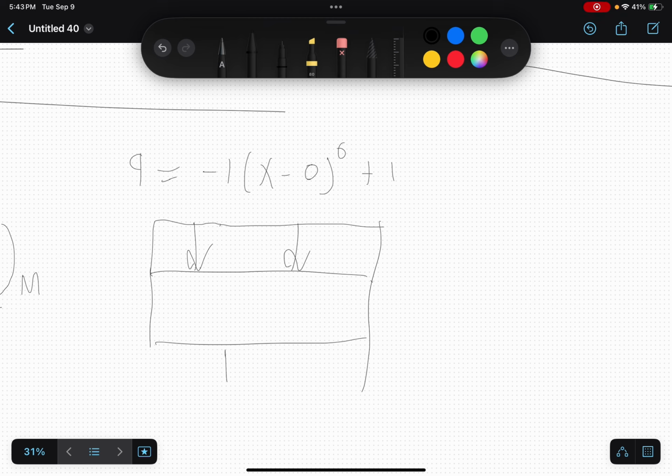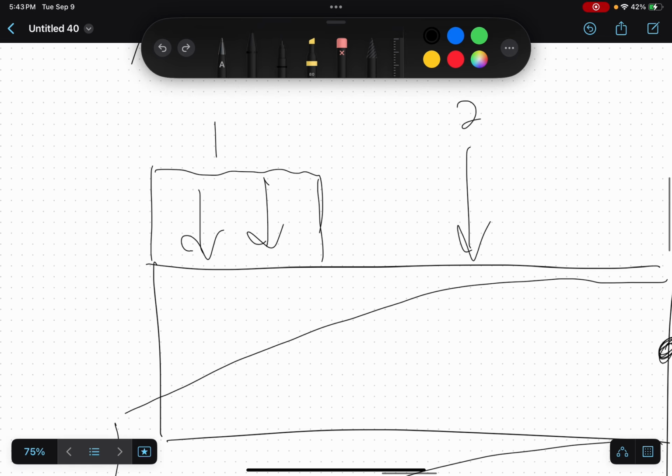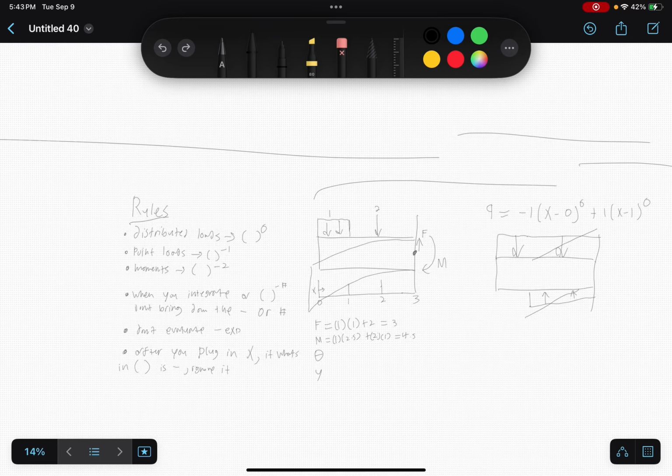So in this case, we would add a positive distributed load such that it cancels out with the second 2/3 of the beam. So in this case, it would be -1 to the power of 0. So you're now adding a counter distributed load. So the end result is you only have a distributed load right at the front of the beam.